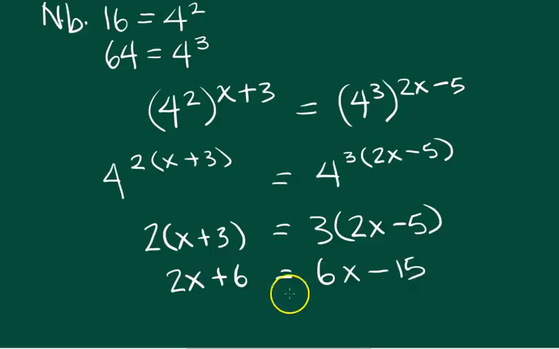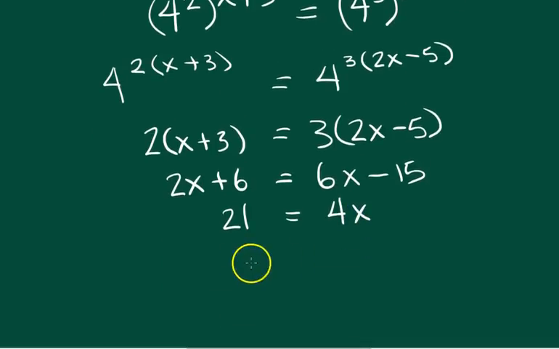So I'm going to move the 2x to the right side and the 15 to the left side, and what do I get? 21 is equal to 4x. So it says here that x is equal to 21 over 4.